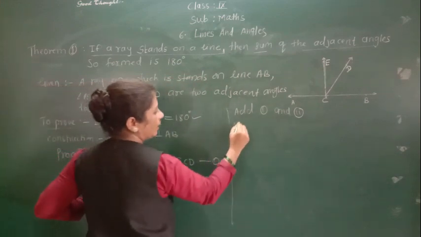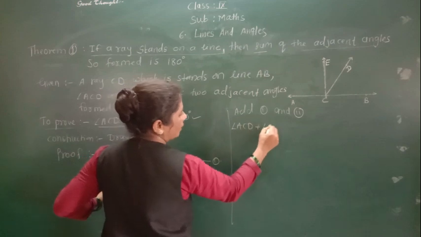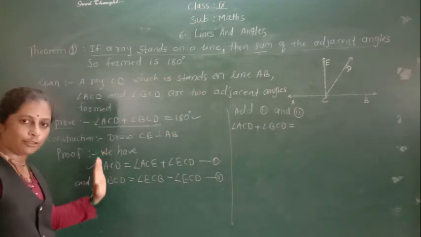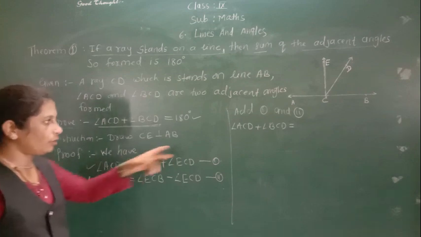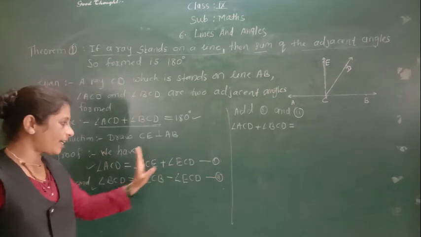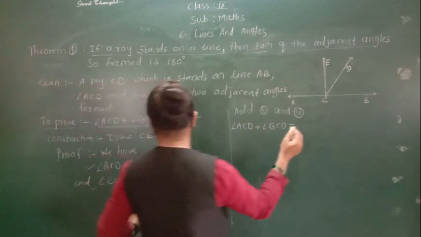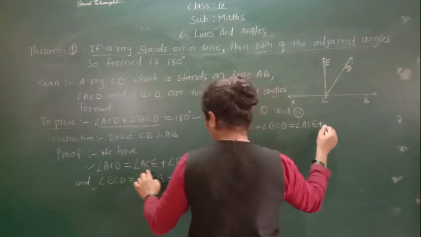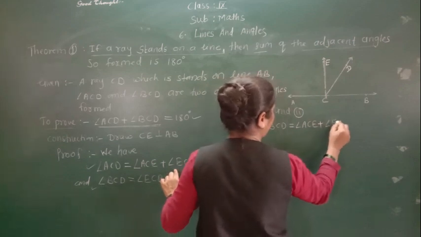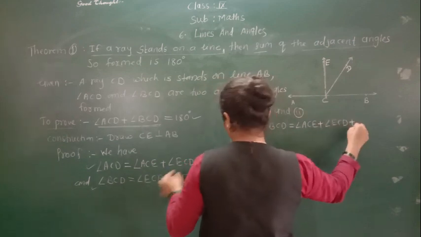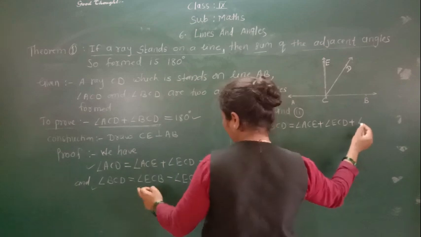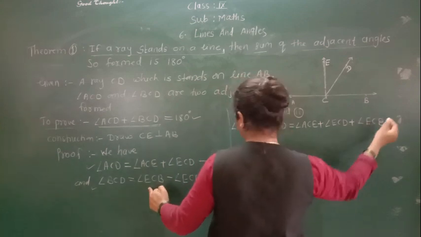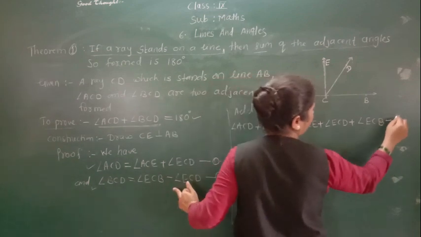Angle ACD plus angle BCD equals, if we are adding left hand side to left hand side, then we have to add right side to right side. So it equals angle ACE plus angle ECD plus angle ECB minus angle ECD.